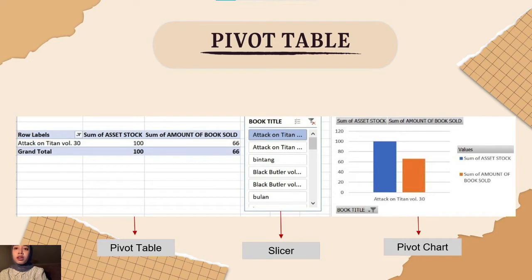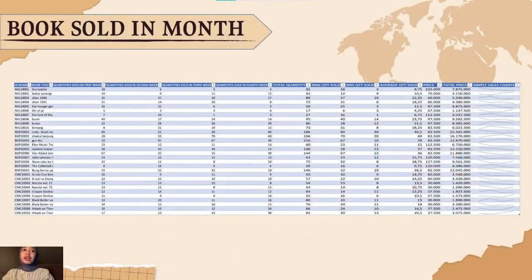And there is a pivot chart. If we choose data in slicer 2, we can look at the chart in the pivot chart.